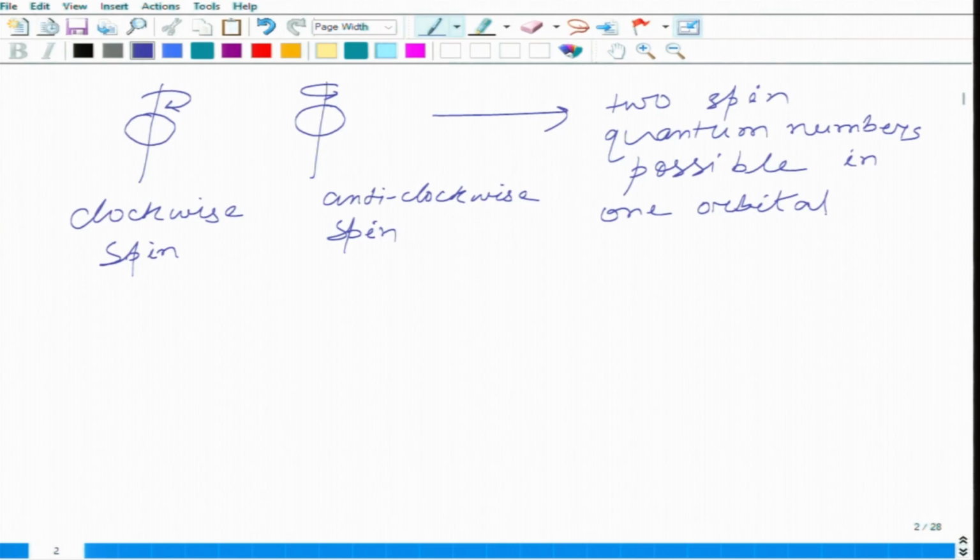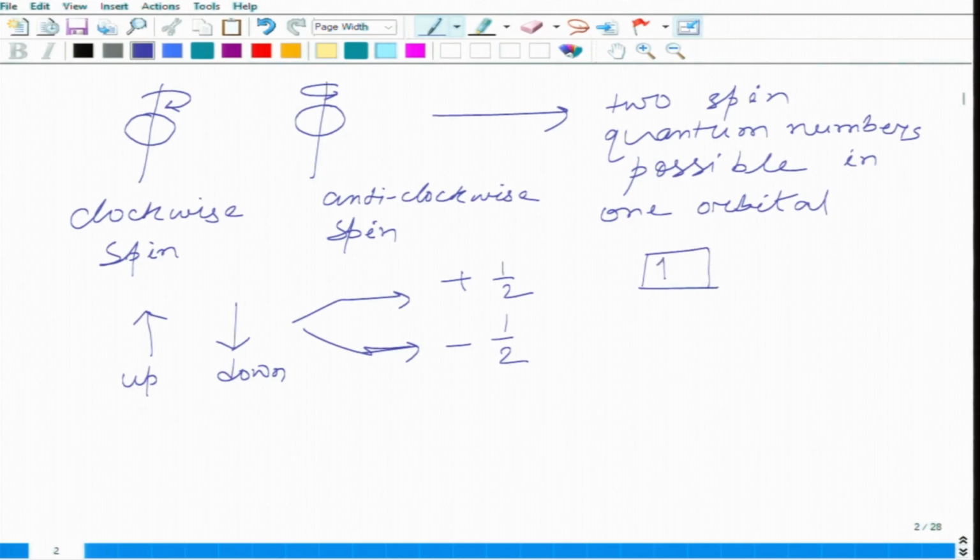These two spins are written like this: one upward spin and one downward spin. They are mathematically denoted as plus half and minus half. So, if in an orbital there are 2 electrons with opposite spins, then the total spin, plus half and minus half, will make 0.